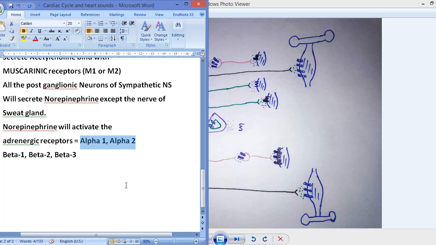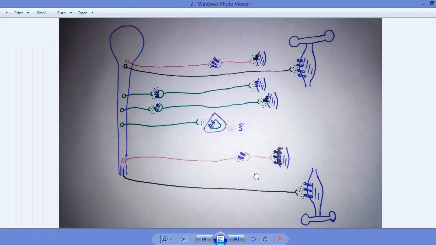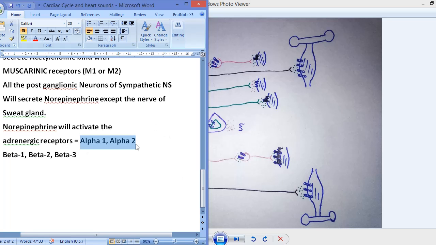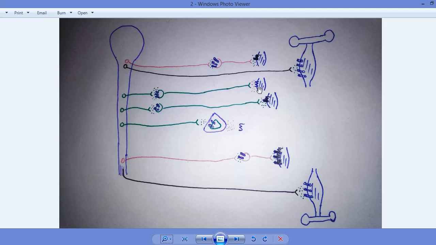Norepinephrine strongly binds with the alpha receptor, while loosely binding with the beta receptor, but the epinephrine can bind with equal potential to both the alpha and beta receptor. The norepinephrine is secreted over here, and this norepinephrine combines with the alpha 1 receptor.